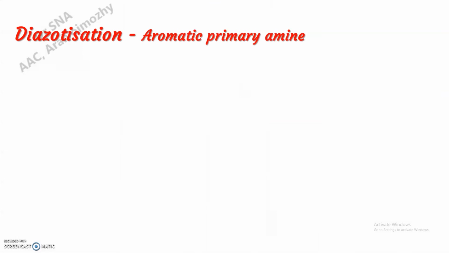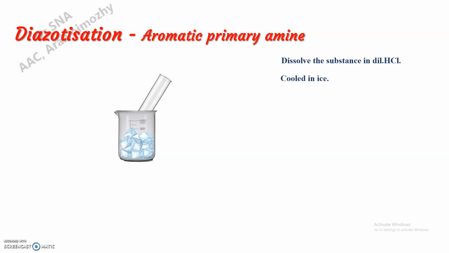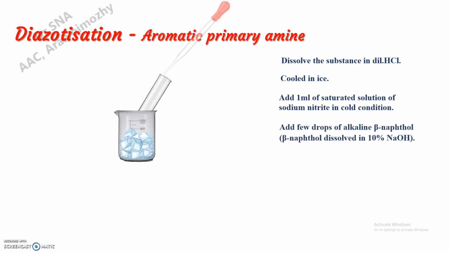Next, for aromatic primary amines, that is the diazotization test or dye test. So dissolve the substance here in dilute hydrochloric acid first, and cool this in ice, and now we have to add a saturated solution of sodium nitrite, again in cold condition, and we can add now a few drops of alkaline beta naphthol solution, again in cold condition.